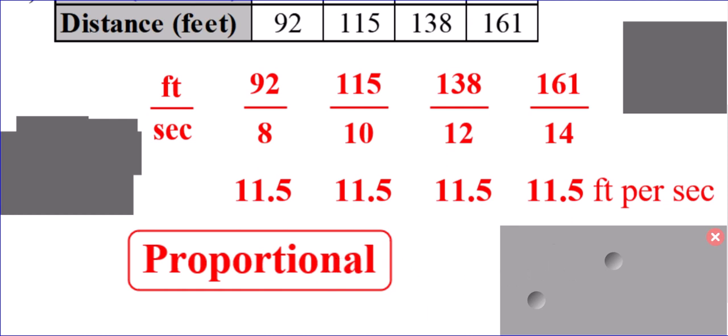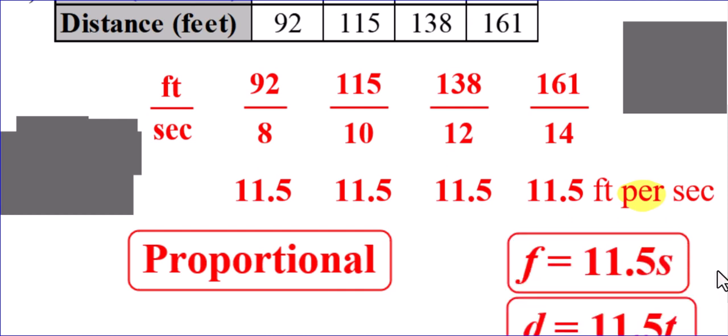And now we're going to take the meaning of the word per. Per second means times the seconds. So the equation that we could set up for this is 11.5 per second times the second. So that can be 11.5 times s. What does that equal? Well, that equals the feet. Now, you can pick any letters you want here.